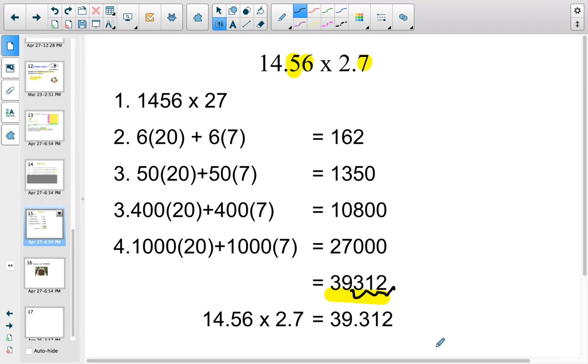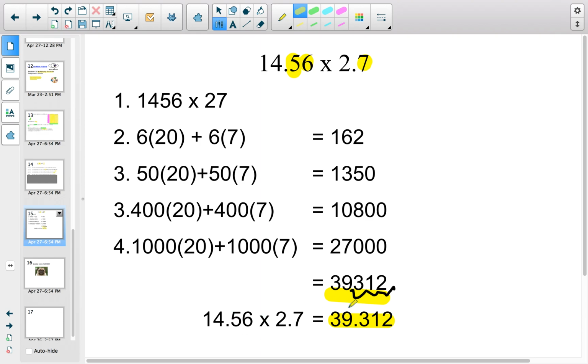A really good thing to do when you're using the standard algorithm is, I understand you could go wrong somewhere, but think: does that answer make sense? 39.312. Let's round this up to 15 and round this up to 3. 15 times 3 is 45. 39 is pretty close to 45.